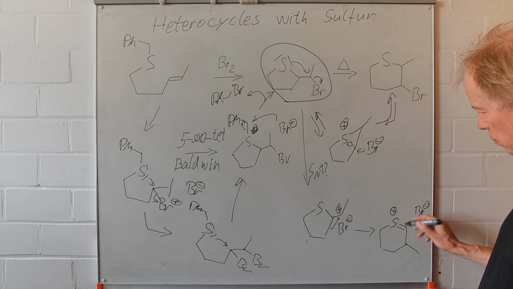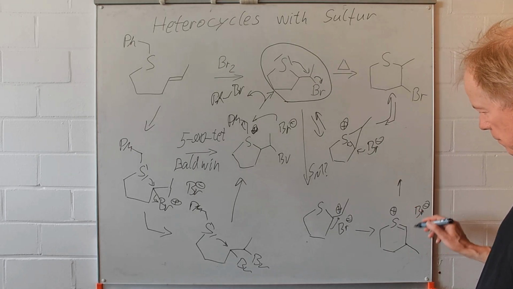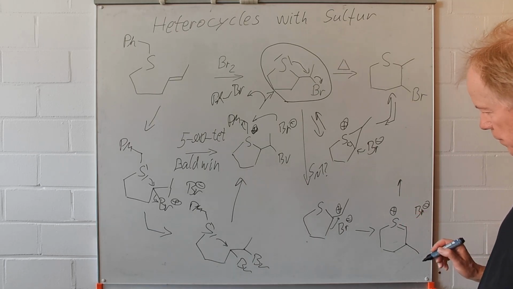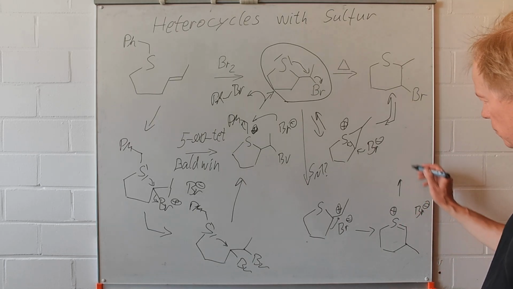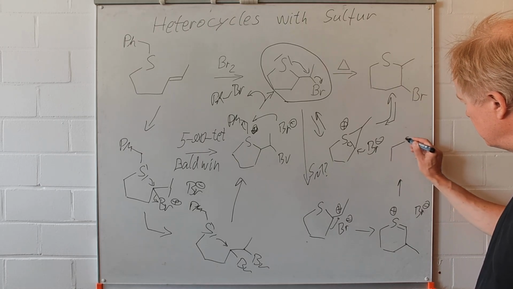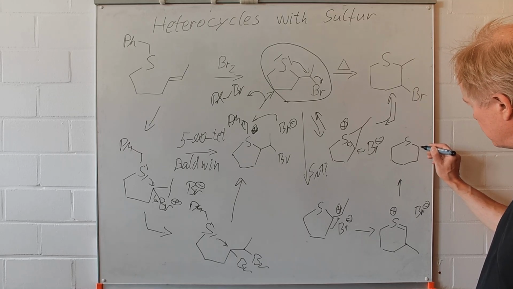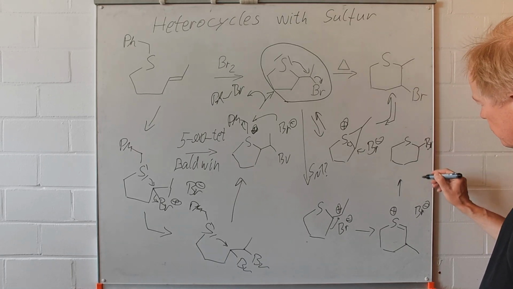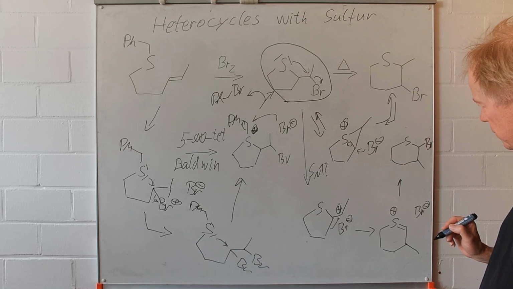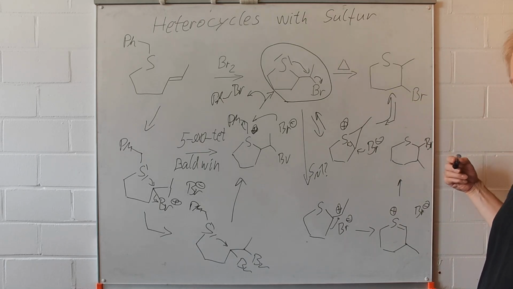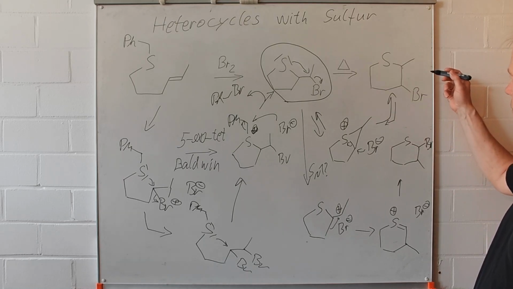Now the bromide could add to the cation, the neutral molecule will result with this structure, bromine here, methyl group there. And as you see, it's an isomer, it's a structural isomer.